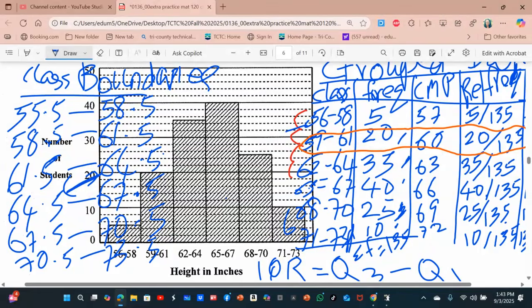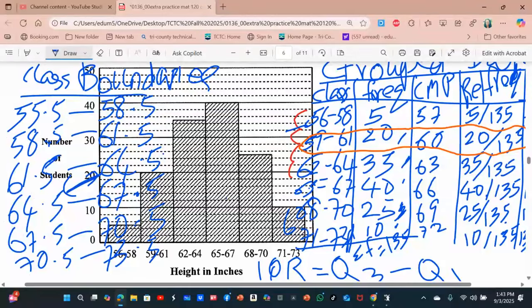Okay, so notice that if you find the difference between consecutive lower class boundaries, 58.5 minus 55.5, you have the same thing.